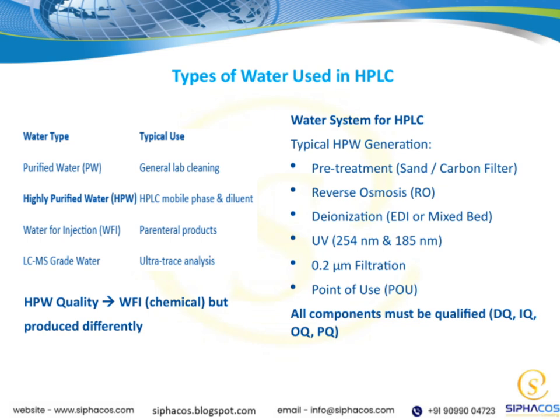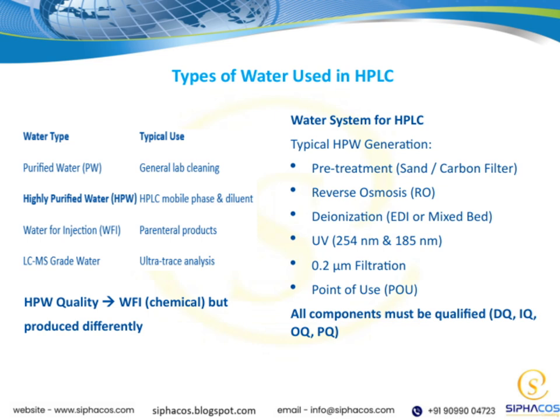by removing ions. UV treatment at wavelengths of 185 and 254 nanometers is then applied to break down organic molecules and eliminate microbes. Finally, the water passes through a 0.2 micron filtration to remove any remaining particulates before it reaches the point of use.